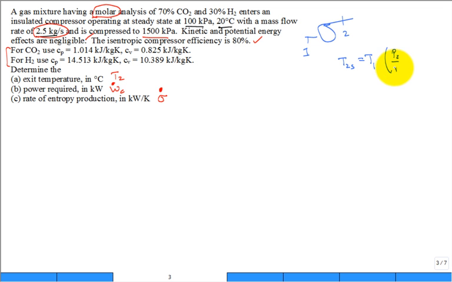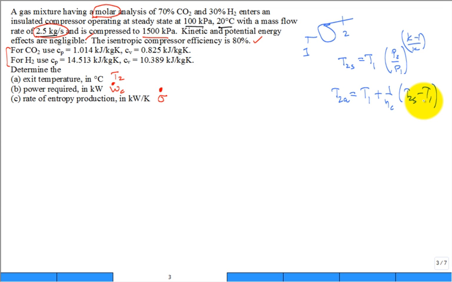It'd be P2 over P1 raised to the K minus 1 over K for isentropic compression of an ideal gas over a pressure ratio. Look good? And then you'd say, so the isentropic efficiency gives me an actual T2 actual, which will be T1 plus 1 over the isentropic compressor efficiency times T2S minus T1. Does that strike a chord? Does that look good? So there you go.